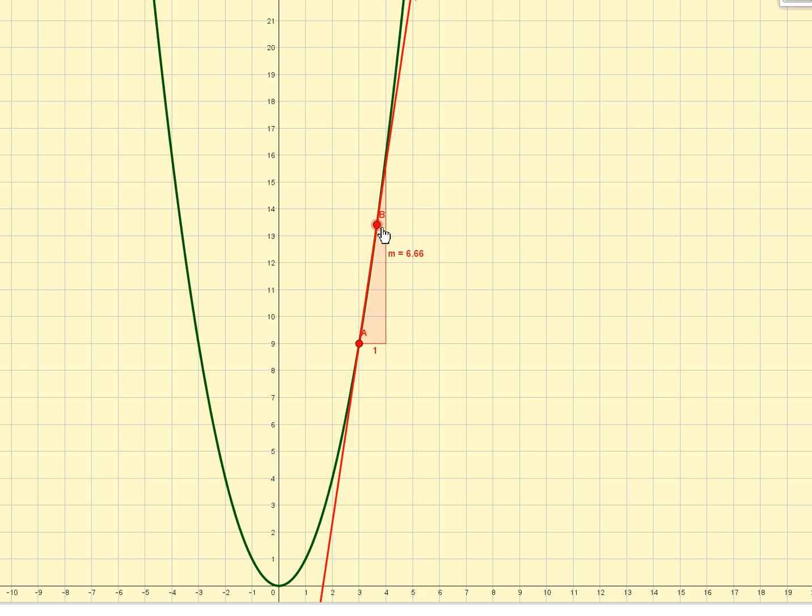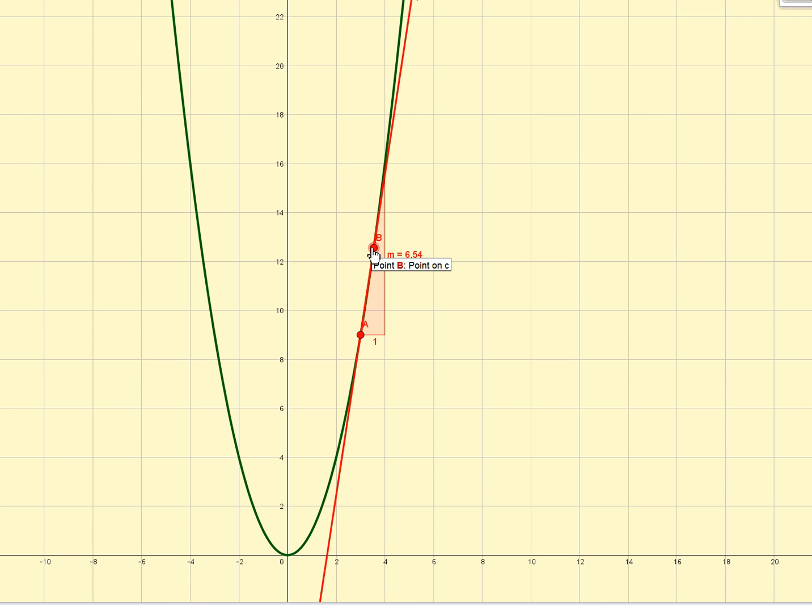And if we bring B down, so it's about now 3.5, we can see that the gradient's now down to 6.5, and as I come down, getting closer and closer, 6.2, 6.1, 6.0, yeah, so we're getting to around 6, getting very close to 6. Look, it's almost exactly 6 now.